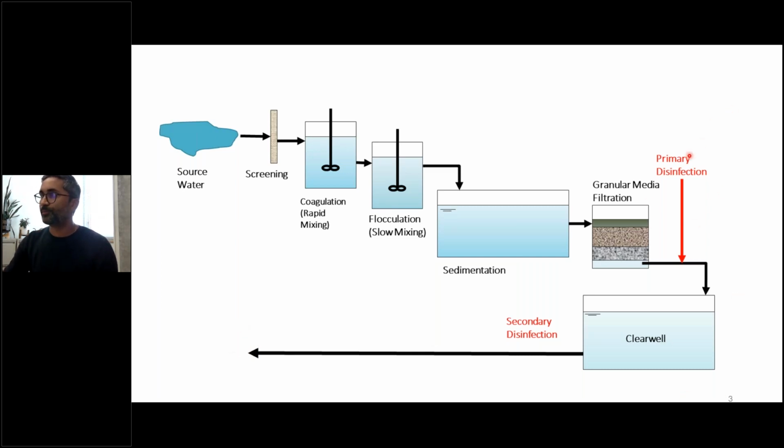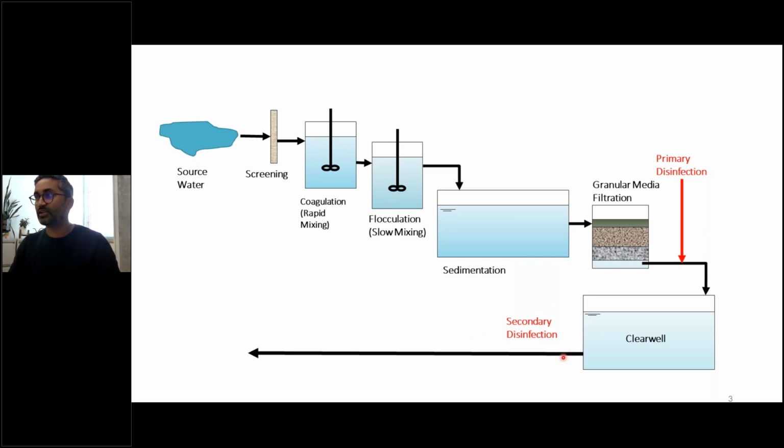And so with primary disinfection, what we're really aiming to do is destroy any pathogens that are in the water. And like I said, you can use UV, you can use chlorine, you can use ozone for that. And then in the clear well, the water is in contact with whatever we've added.